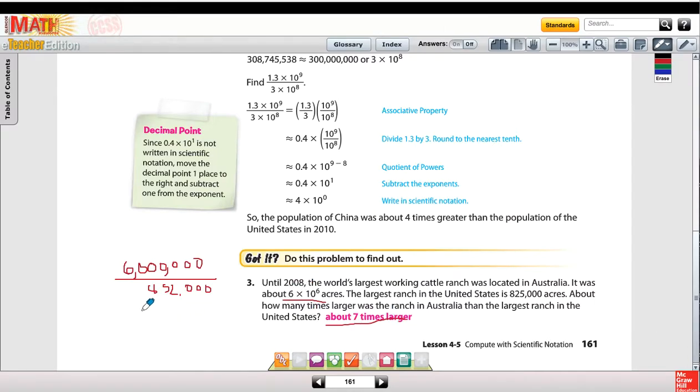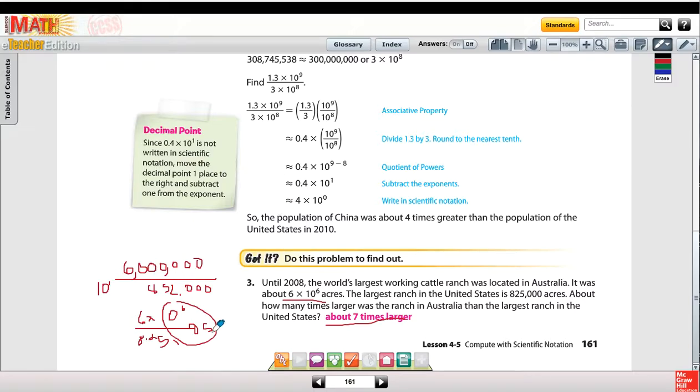If I did this in the scientific notation format, I'd have 6 times 10 to the 6, divided by 8.25 times 10 to the 5th power. Okay, so the exponents are pretty easy. 10 to the 6th over 10 to the 5th is 10 to the 1st. 6 minus 5 is 1.